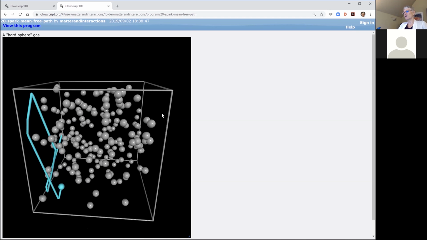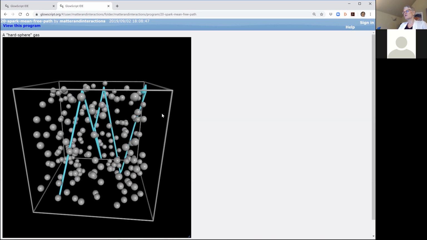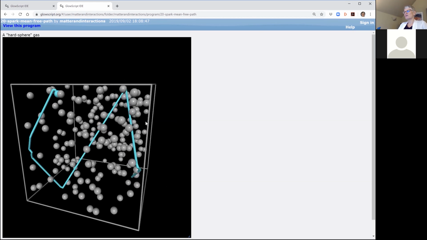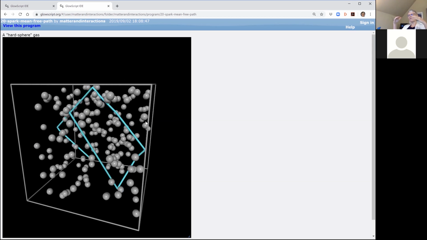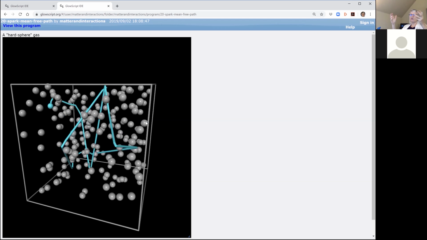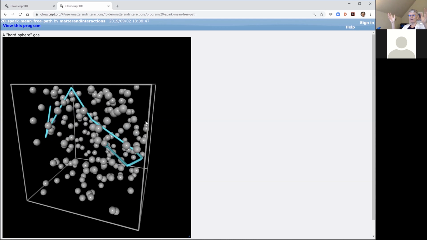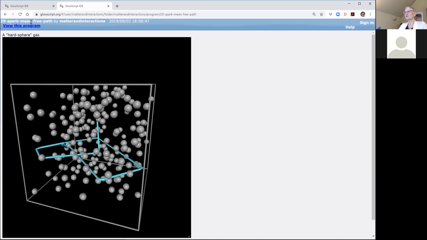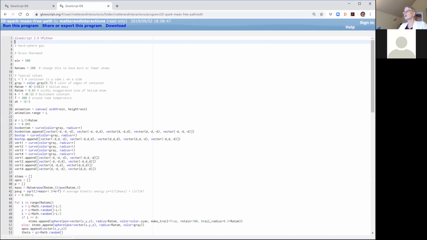So the question is, what is the average distance it goes between collisions? Now, this program has a small container and not that many molecules, but this is basically the idea that we would use to calculate this. So that's the way we're going to frame this question.